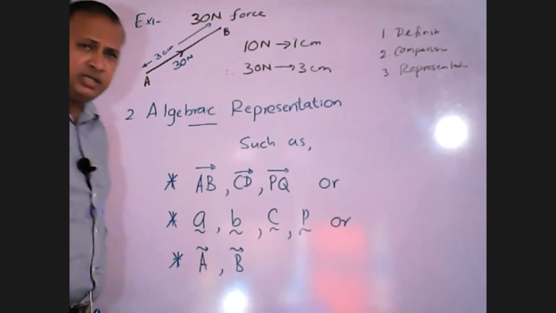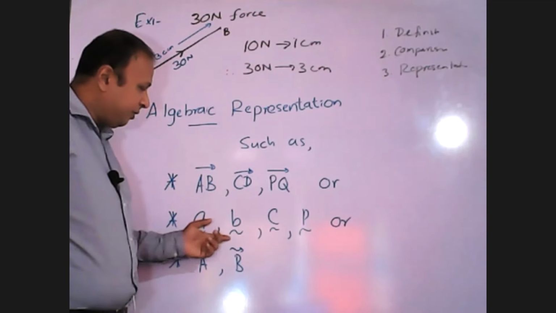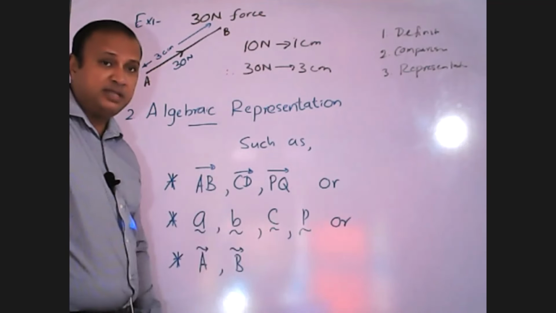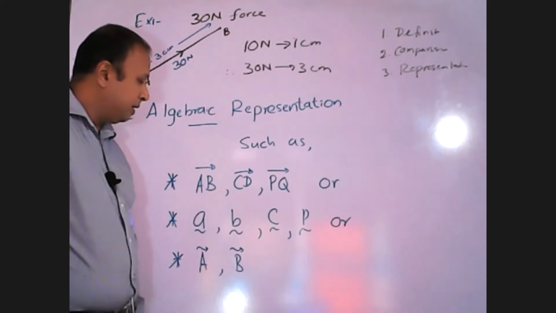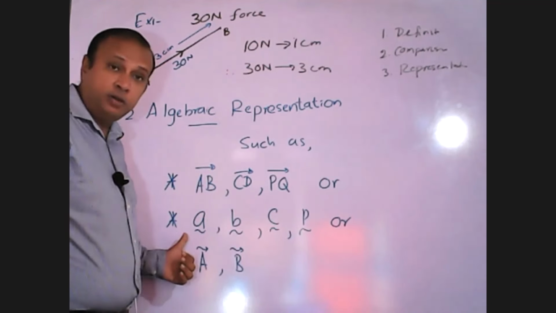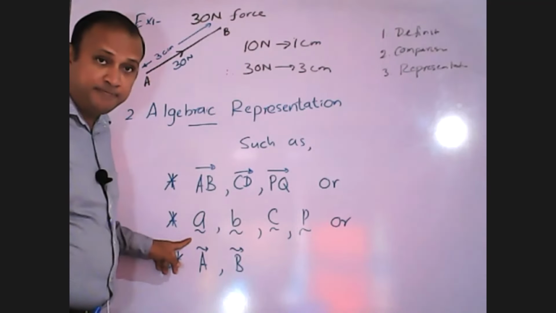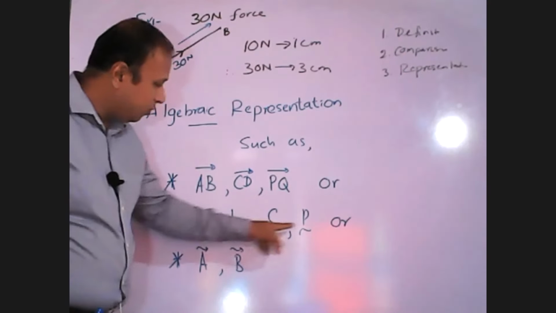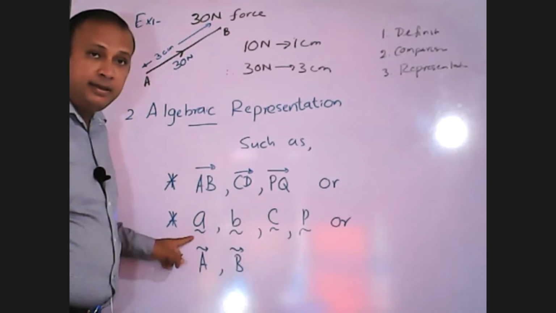In mathematical operations, we can use this kind of very simple symbol to represent a vector. But when you are using this kind of one letter symbol, you have to define that vector first.